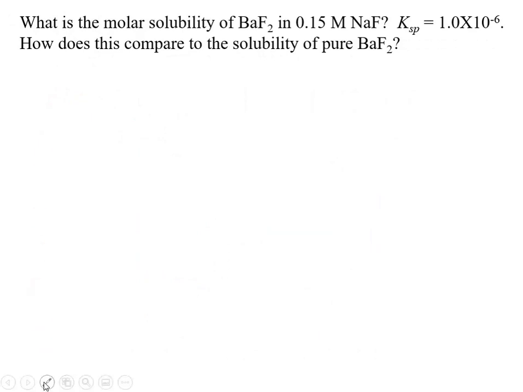So an example of this is that it wants to know what is the molar solubility of barium fluoride in a 0.15 molar sodium fluoride, and I give you the KSP. So I want to know what the solubility of BaF2 is equal to in molarity, and I have a concentration of NaF of 0.15 molar.